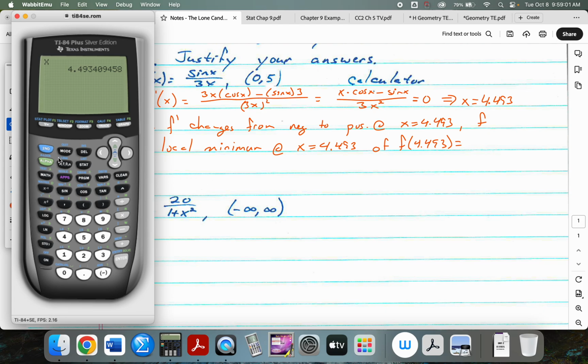So I want it to tell me, well, what is the sine of x divided by 3x? If you do it with a slash, you got to put parentheses around the x because otherwise it does sine of x divided by 3 times x. This is part of the reason why I suggest a lot of times that you really ought to use the horizontal fraction. So this is negative 0.072.